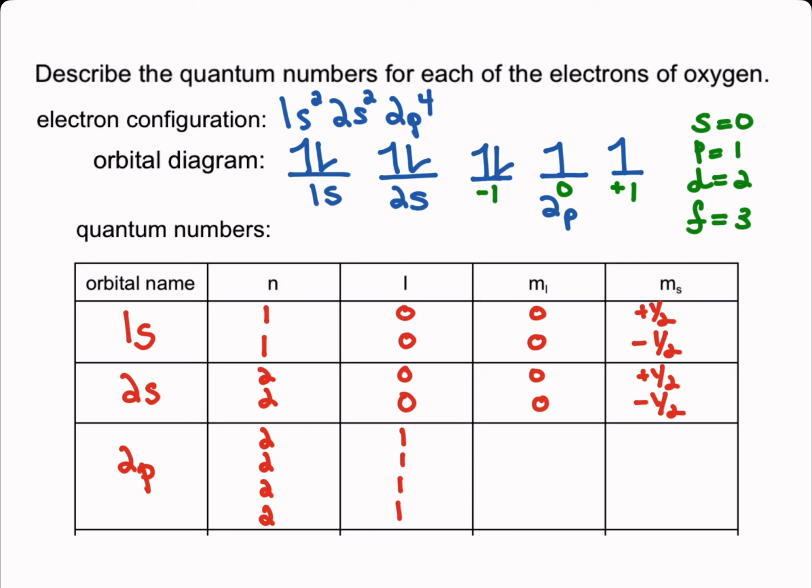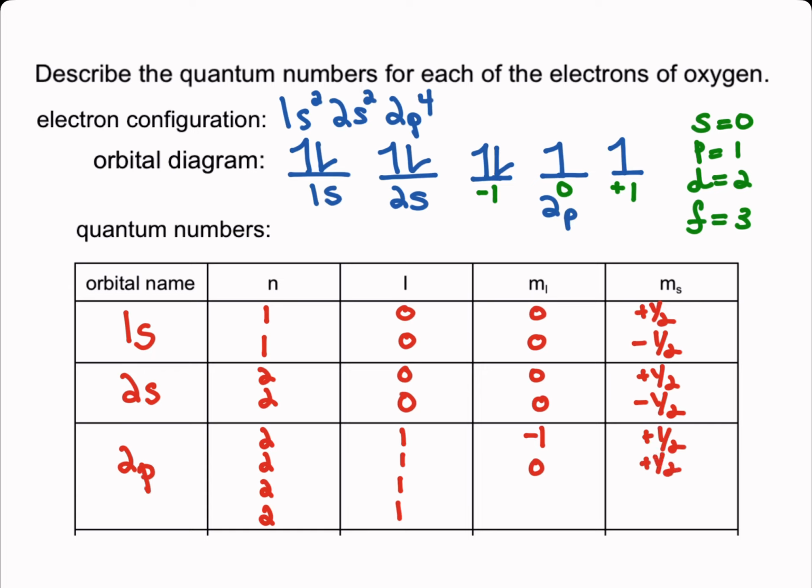So the first electron that's spinning upward is going to be ml equals -1 and is spinning upward, so that's +1/2. The second electron is in ml equals 0, it's spinning upward, so that's +1/2.